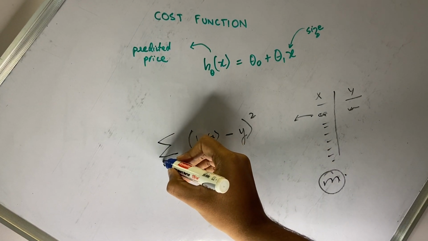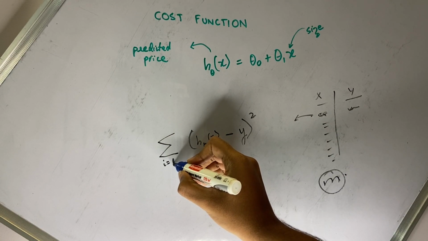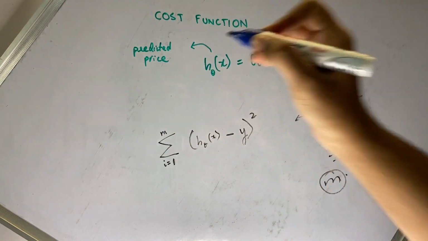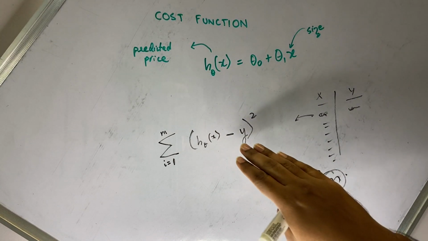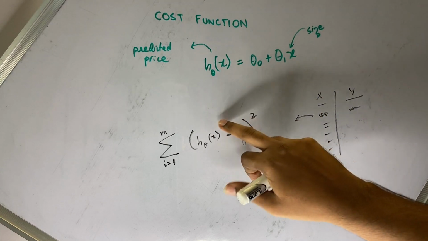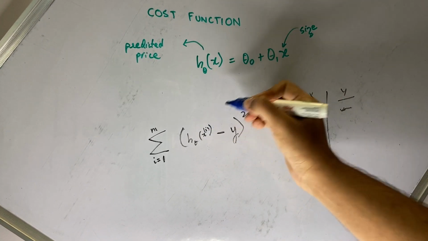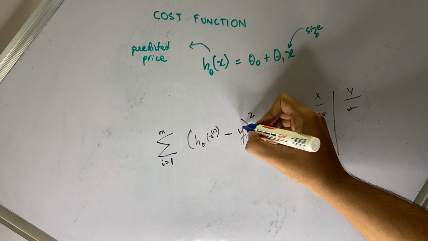Now in mathematical terms, we will start from the first training example until m, and then we want to compute this for each example. So we will write a superscript i and y of i.